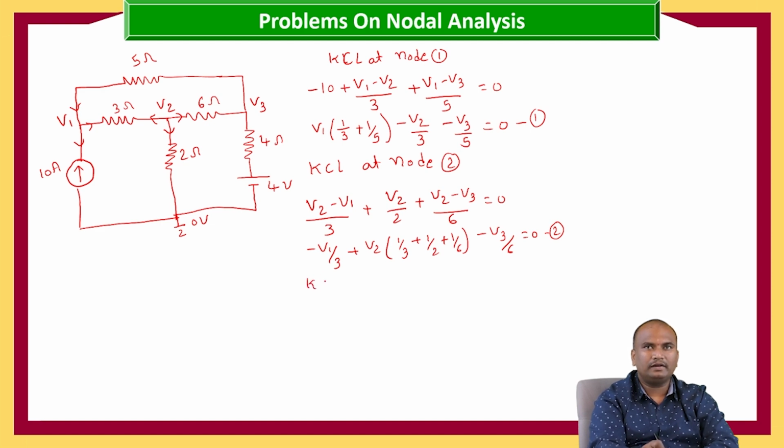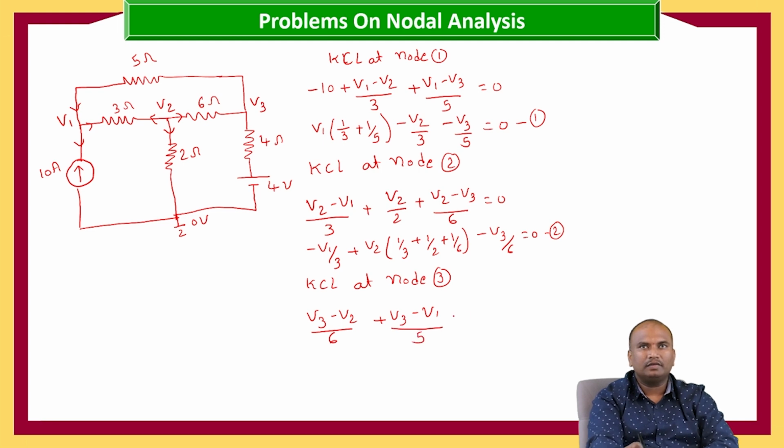Now KCL at node 3. Current flowing through 6 ohms is (V3 minus V2) by 6 plus (V3 minus V1) by 5 plus (V3 minus 4) by 4, which is equals to 0.